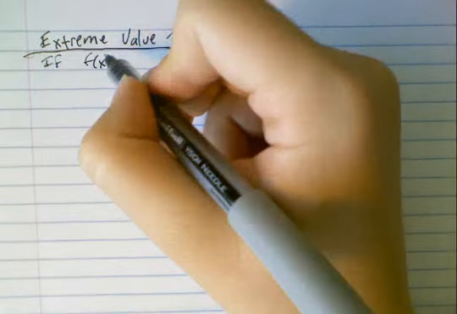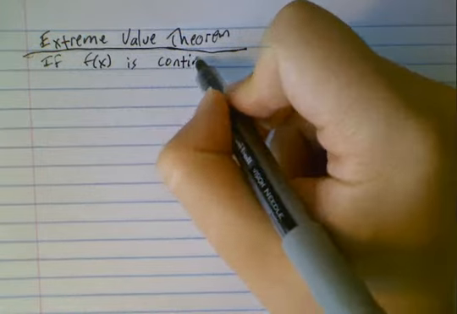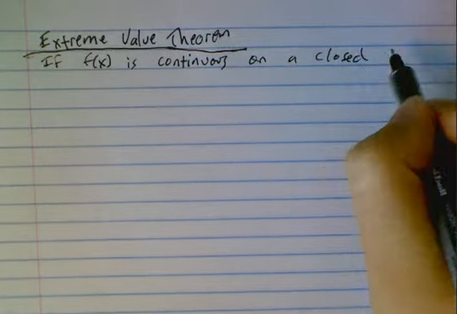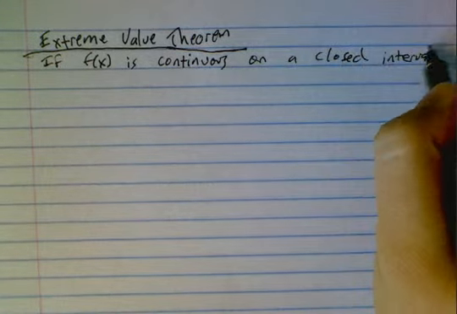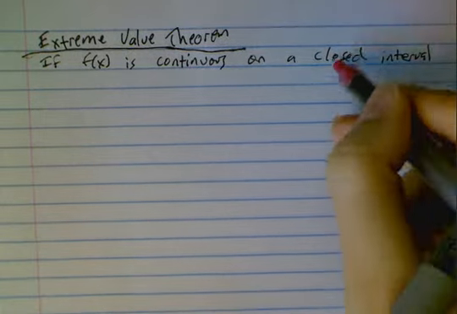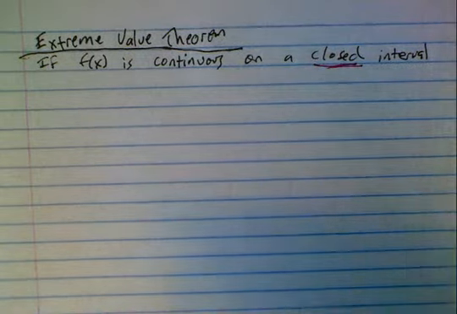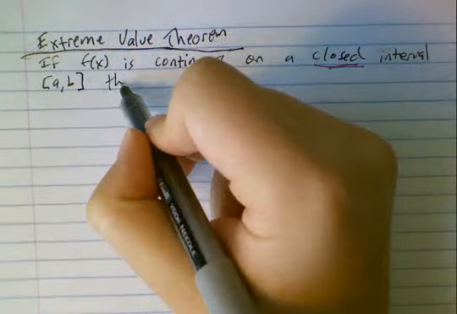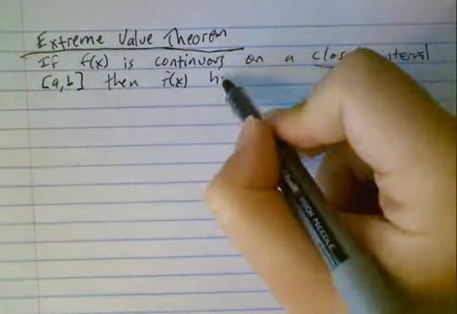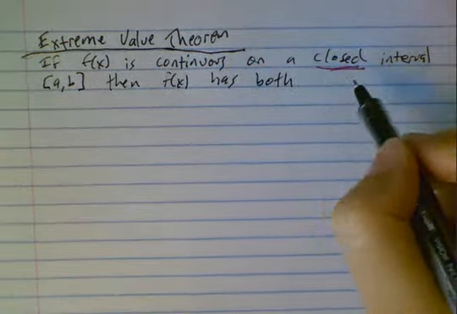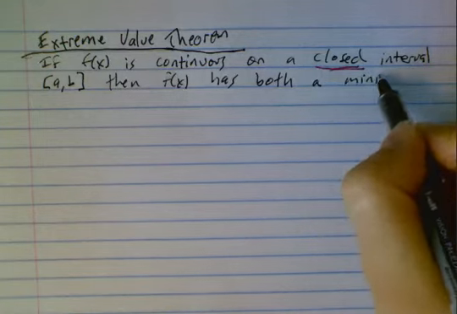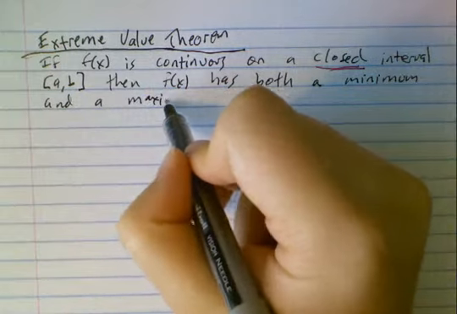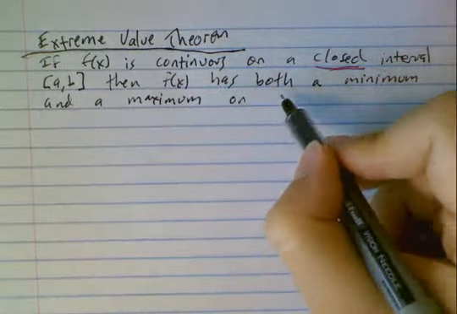If f of x is continuous on a closed interval, here we're back again to just continuous, but here the keyword is closed, [a, b], then f of x has both a minimum and a maximum on that interval.